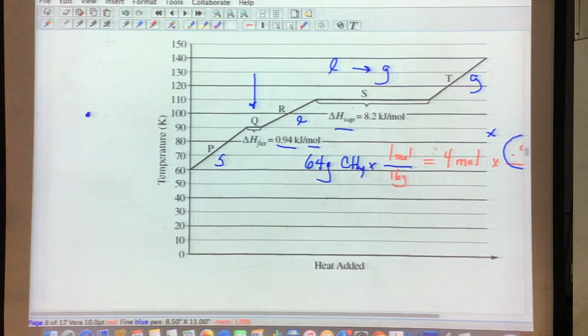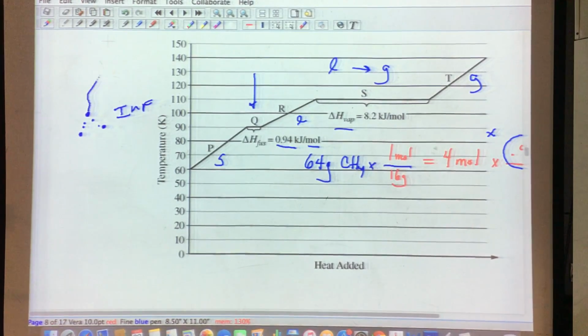In order to become a gas, the liquid molecules' intermolecular forces have to be totally overcome, because gases, especially if they're acting ideally, need to overcome these to become a complete gas.